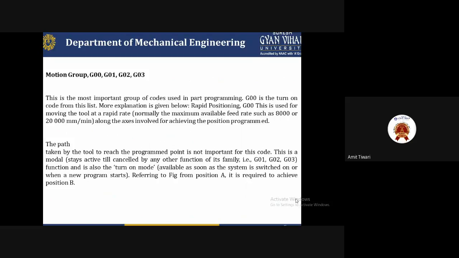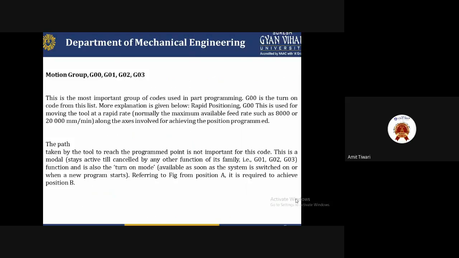If you are using code for part programming, G00 is the turn-on code. So turning on the machine using G00 and rapid positioning, you move the tool at a rapid rate between the available feed rate, that is 8,000 to 20,000 mm per minute.